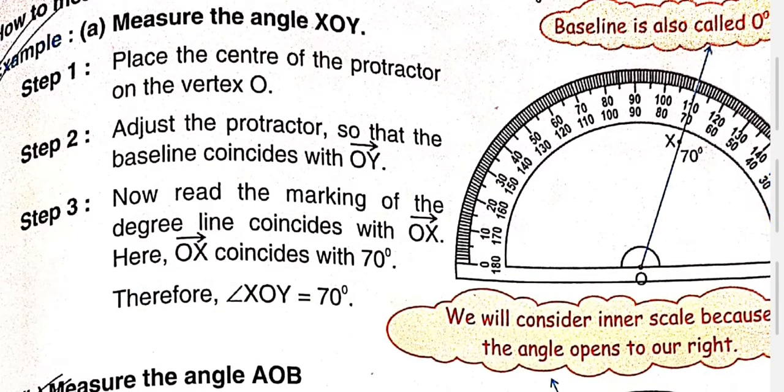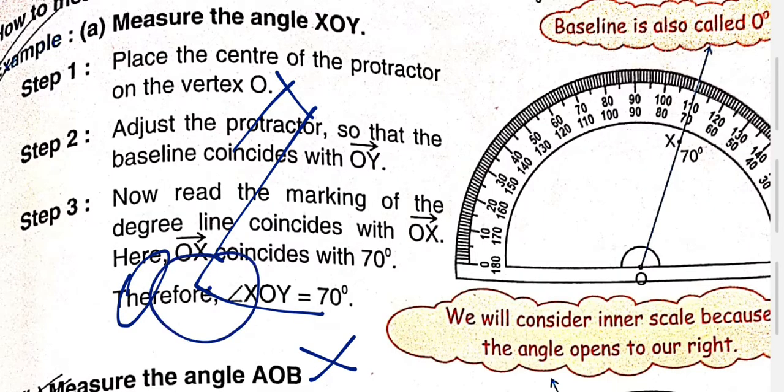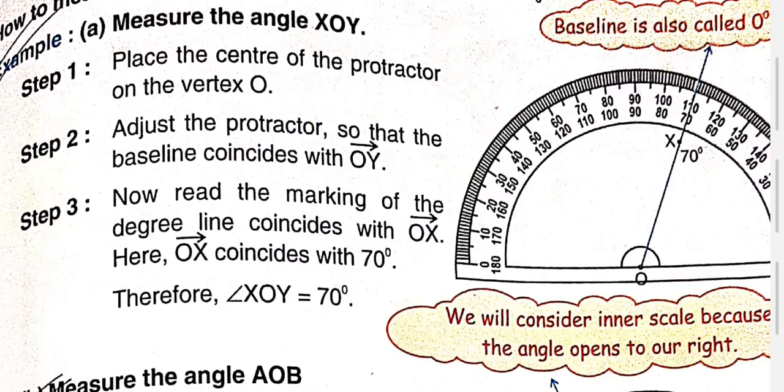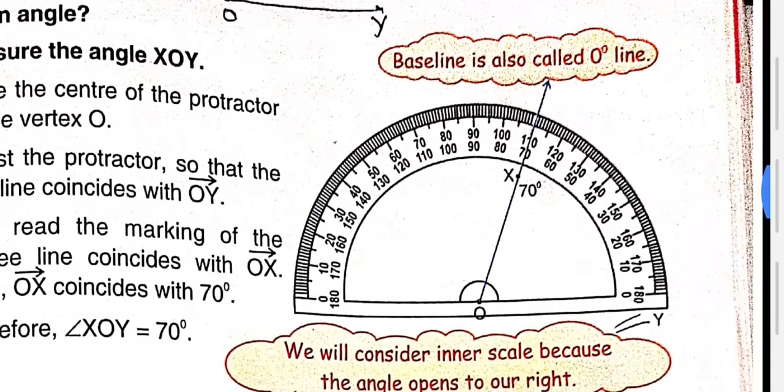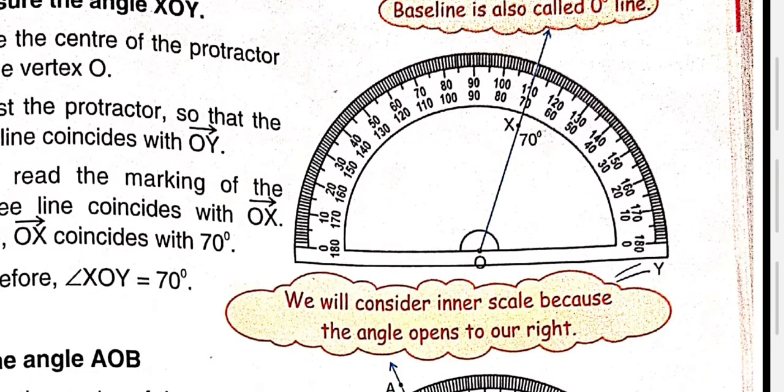Place the center of the protractor on the vertex O. You have to check that the baseline passes through this 0. If it does not pass through, then adjust your protractor so that the vertex comes on the center point and the baseline passes through the 0.